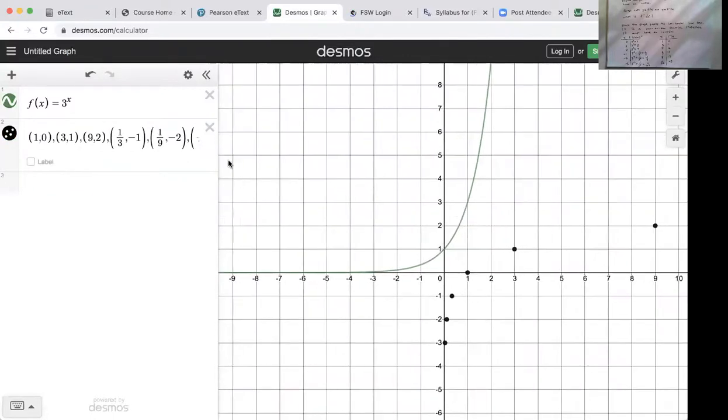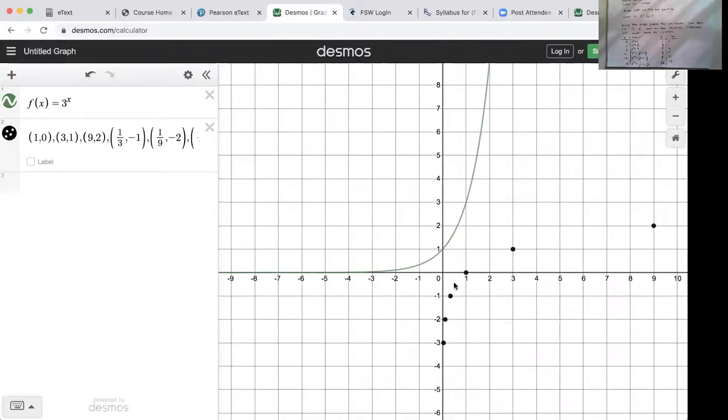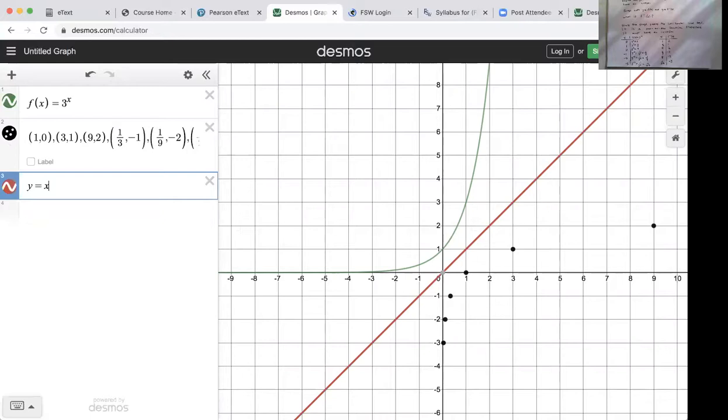So you can see where this is heading, asymptoting this way, growing that way. It is a reflection through the line y equals x, yes? And remember, this function was y equals 3 to the x, so the inverse would be x equals 3 to the y.